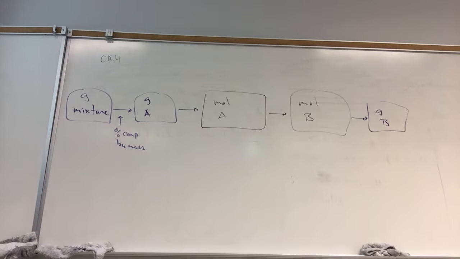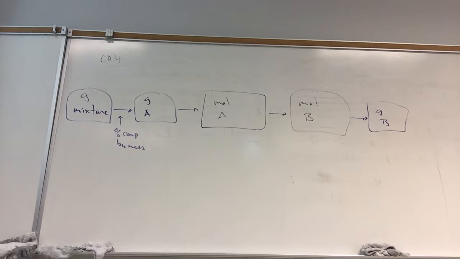They have an alloy consisting of aluminum and copper, and they give you the volume of the alloy. From the volume of the alloy, which is the mixture, we had to go to grams of mixture using the density of the mixture. Then from the grams of mixture, we can go to grams of pure aluminum by using the percent by mass composition, which they give us here, 93.7%. And then once we're there, we just have the standard problem. So this one involved a couple of additional steps.